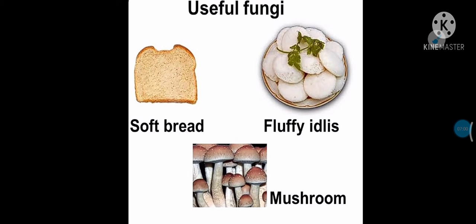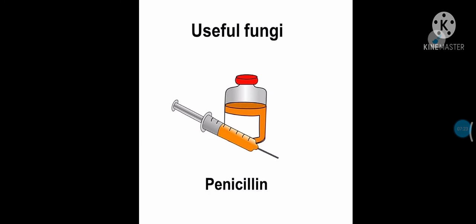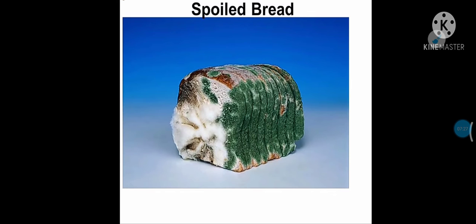Now, there are some useful fungi. Some fungi, like yeast, help in making bread and wine. And also, some fungi are used in making medicines. Now, there are some fungi which cause skin problems and different diseases.